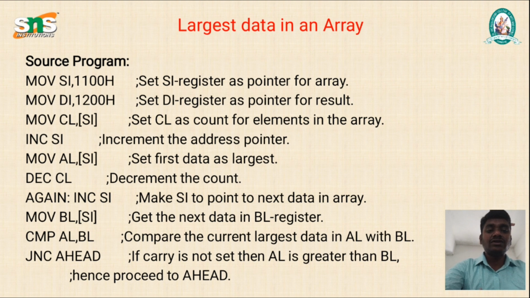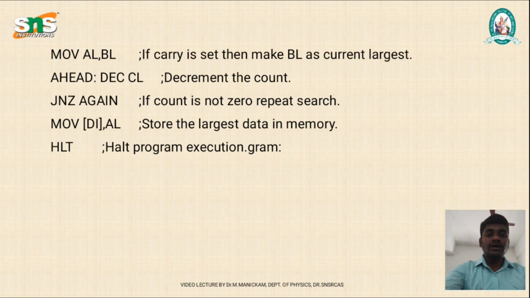If the carry is not set, then the AL register is greater than BL. We can proceed ahead. Ahead means it will move to DEC CL. It will skip one step, that is MOV AL, BL.